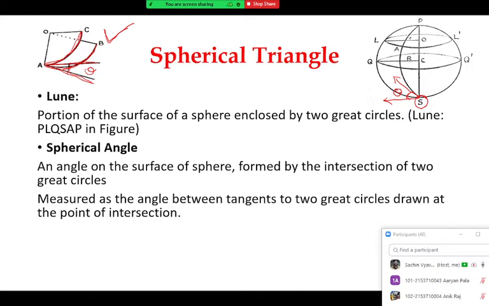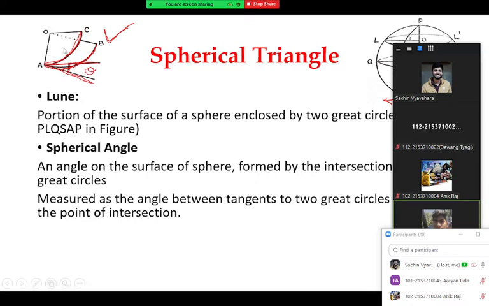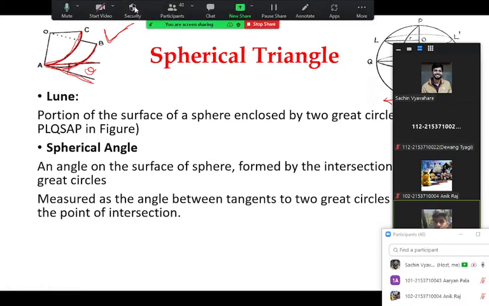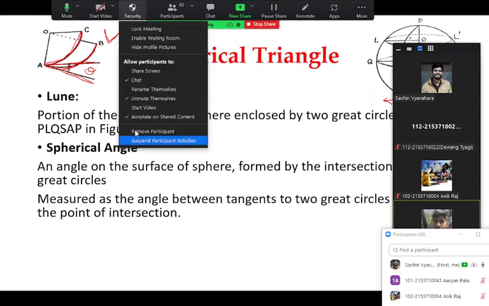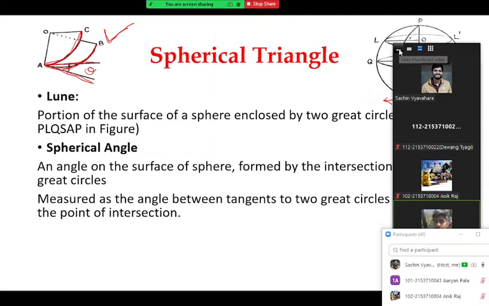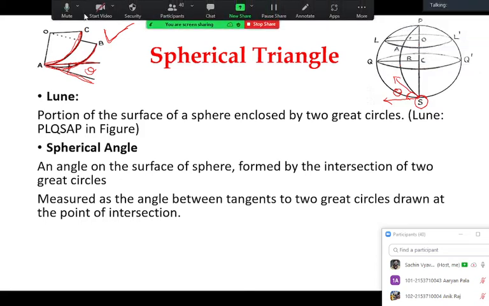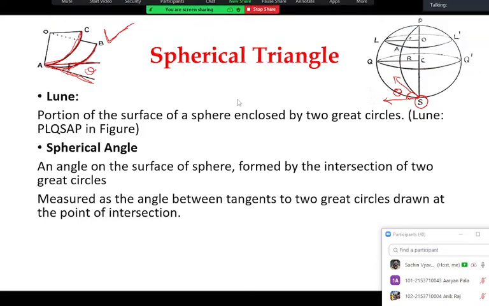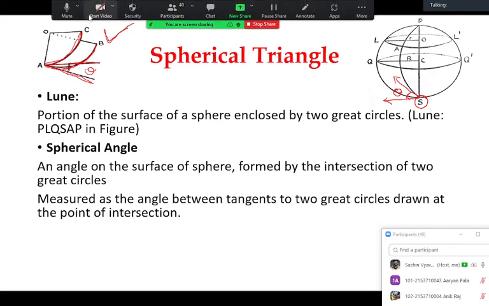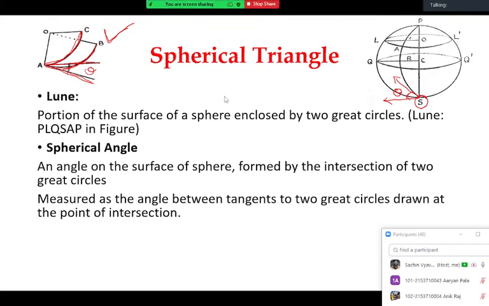Okay, can you guess what should be the minimum angle and what should be the maximum angle on the surface of the sphere? Yes, anyone? Sir, 0 degrees and 180 degrees.